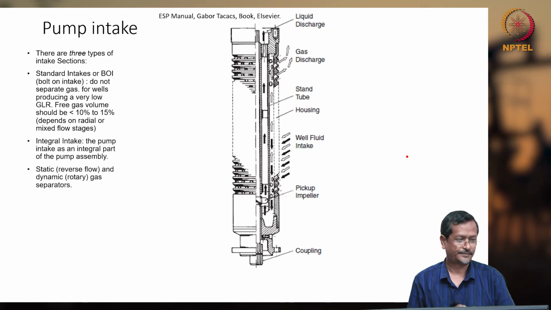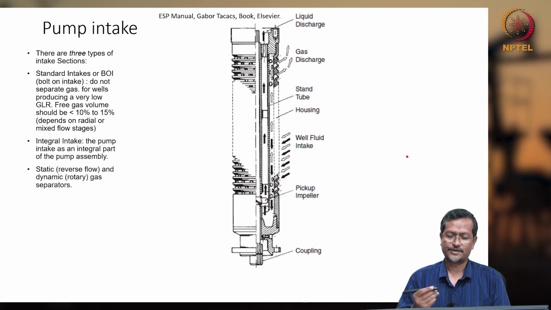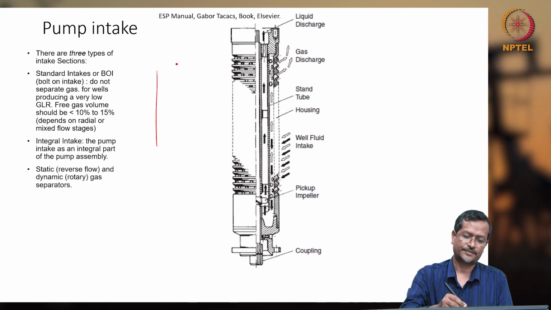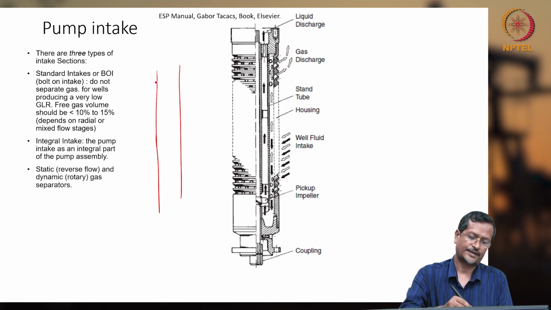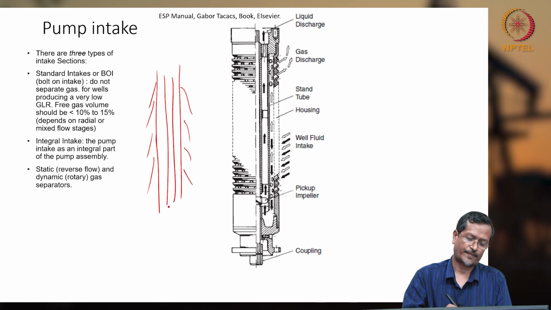Now pump intake. In a centrifugal pump or ESP system, you have casing, then you have tubing, and you have pump.